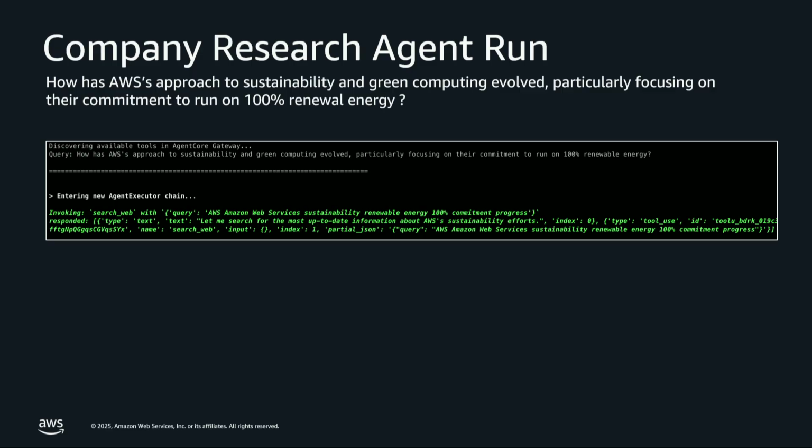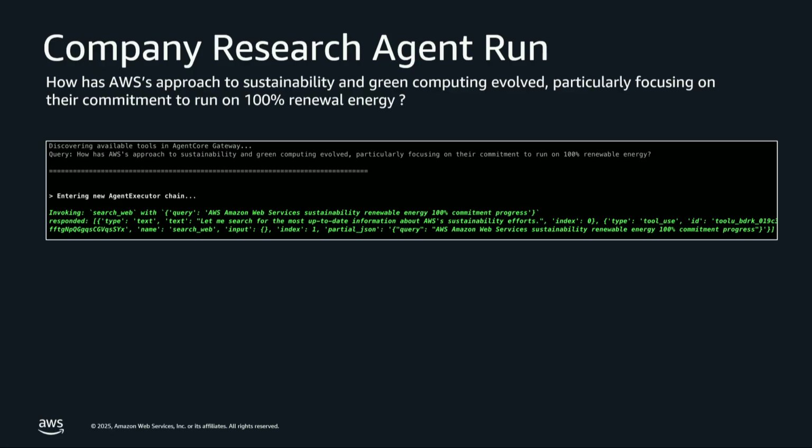So firstly, once you run this, it would try to figure out, do I have the information, or do I need to go and use the tools that are available? The green is the JSON output of what the LLM has determined. It's determined that I need to invoke the search web tool that I have available. And it's also formed a query that is different to the query that I had, in order to determine what I'm going to be searching the web for.